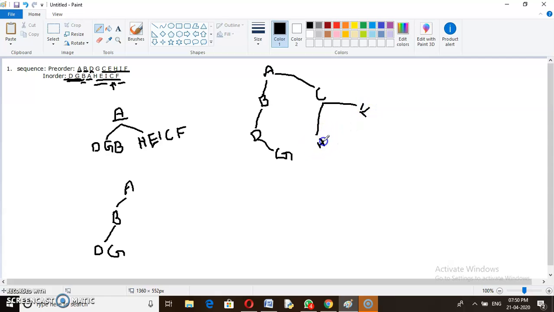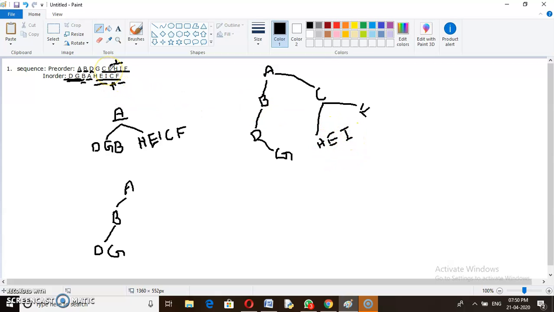So here is H, E and I. Now from H, E, I find out the root node for this particular subtree. In the pre-order, these three values are E, H, I. Within this, E is first, then H, I. So E is the root node for this particular subtree.